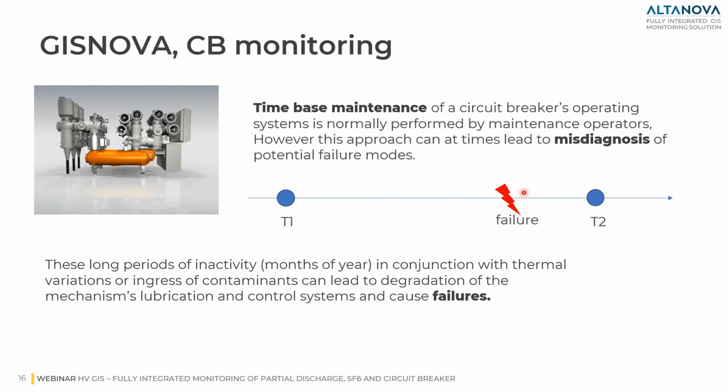This is due, for example, to the number of operations occurring between the maintenance cycles, or in some cases due to internal inspections, or intrusive internal inspections, that can introduce contaminants or other elements.